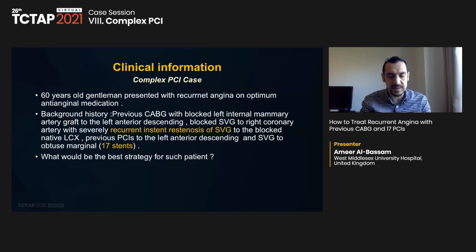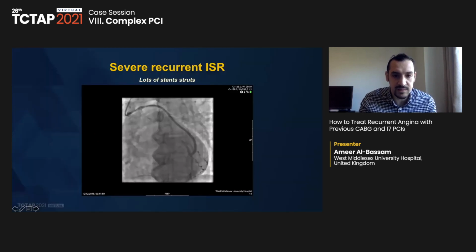He was having recurrent angina, presenting every 6 months with a blocked SVG to the RCA, and also recurrent ISR on the SVG to the circumflex. He had more than probably 17 stents in total, per his presentation. And this is his angiogram, and you can tell me what you think, guys.